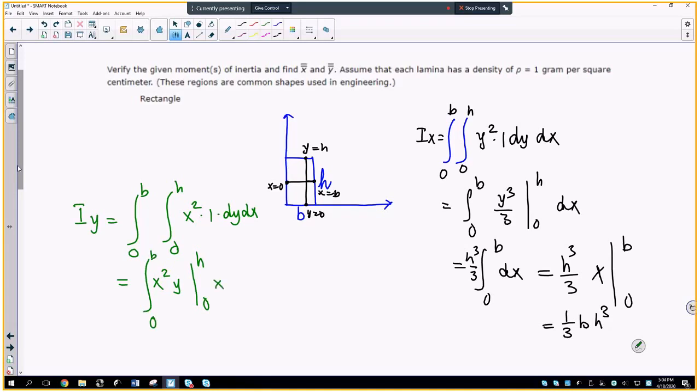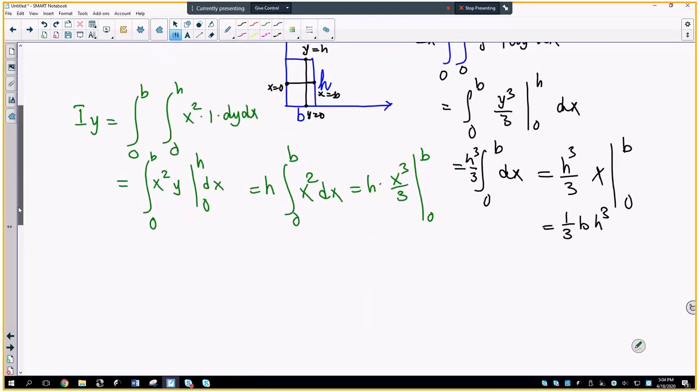If I put in h, that's a constant, I can bring it out. So I'm integrating x squared dx between 0 and b, and that is h times x cubed over 3. I put in my values, 0 to b, and I get 1/3 h b cubed as the moment of inertia with respect to the y-axis.